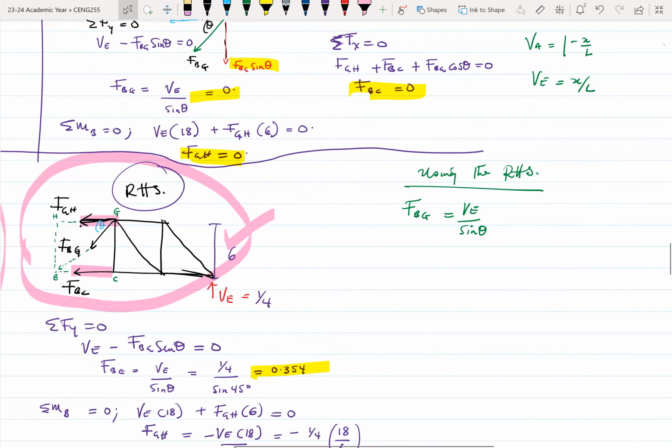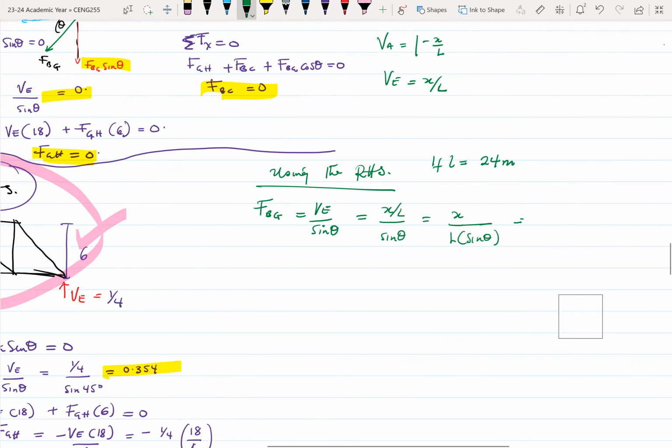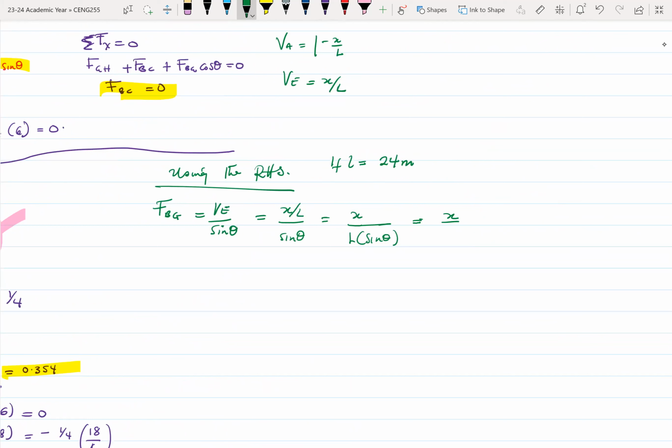Assuming VE is x over L, it becomes x over L times sine theta. It's the same thing. If our L is 24 meters, the length of the entire span, then this becomes x over 24 sine theta. Let's see if this makes sense to us.